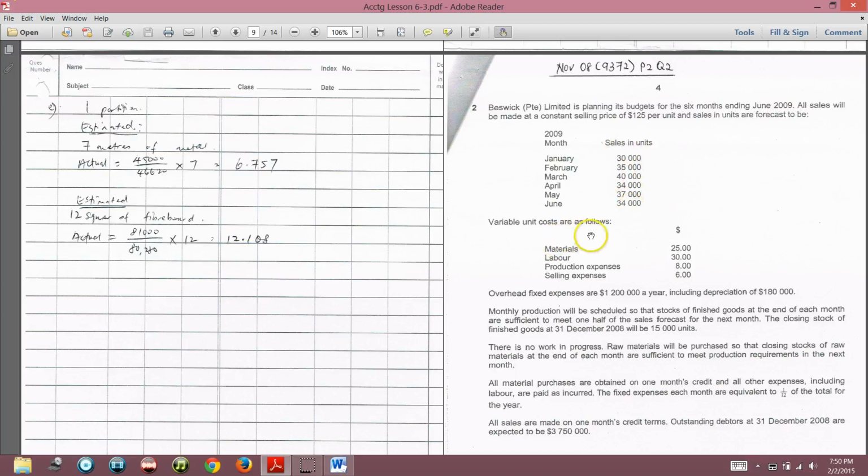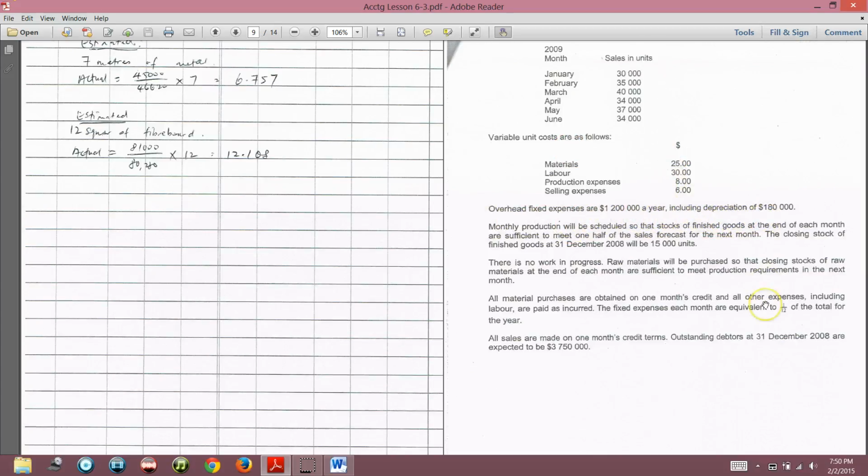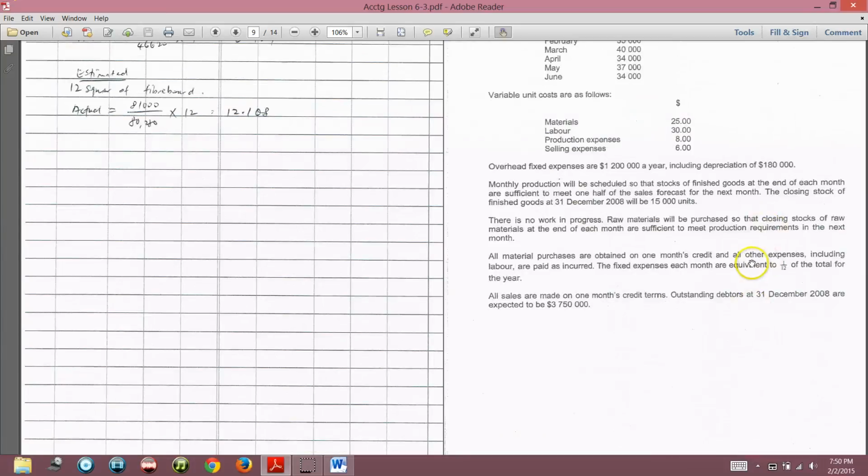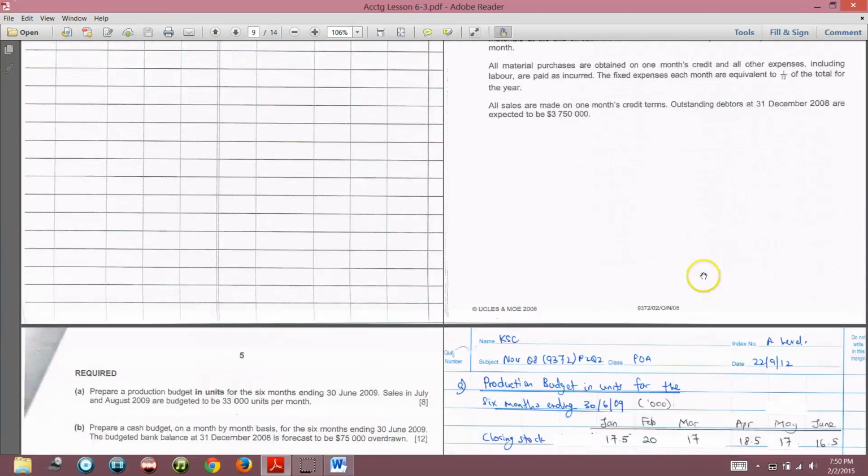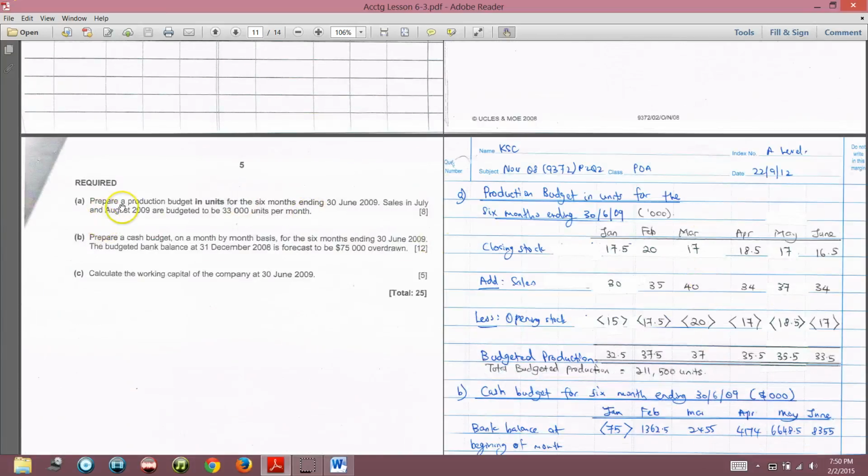Variable unit cost is as follows. Fixed overhead expenses are 1.2 million a year, including depreciation of 180,000. All this is given here, but what is the question asking? The question asks: prepare a production budget in units for the 6 months ending 30 June 2009.